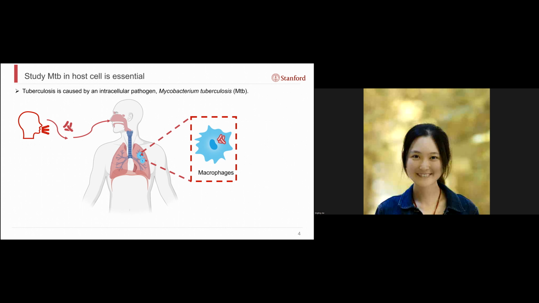Because of this complicated intracellular lifestyle and its importance in studying their growth and division, it's very important to design chemical reporters to study their behavior in the innate environment.